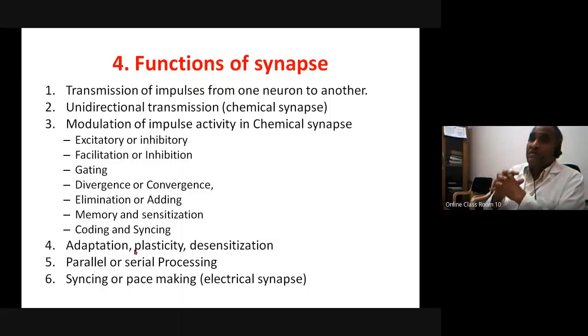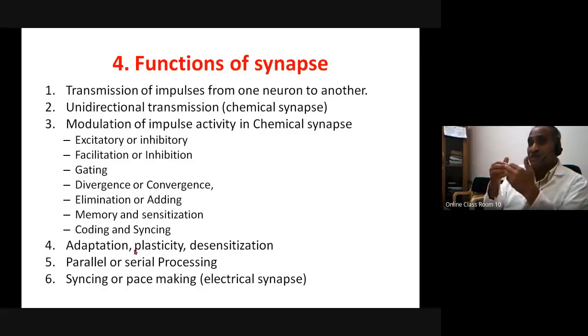Then we have parallel and serial processing. What is that? If you are looking at the retina, some rods and cones will converge on one bipolar cell. Then this bipolar cell already has some information, whether you are activating a particular cell type.